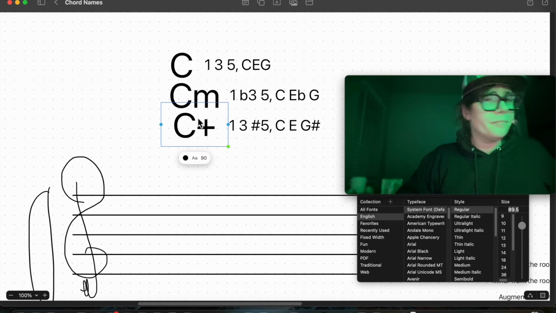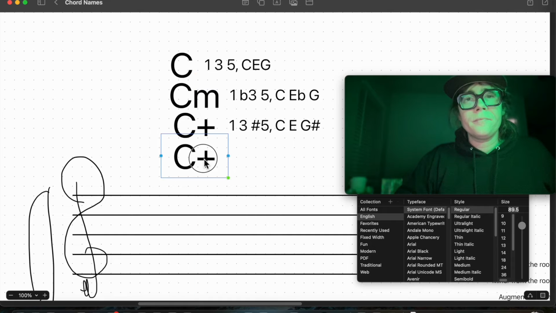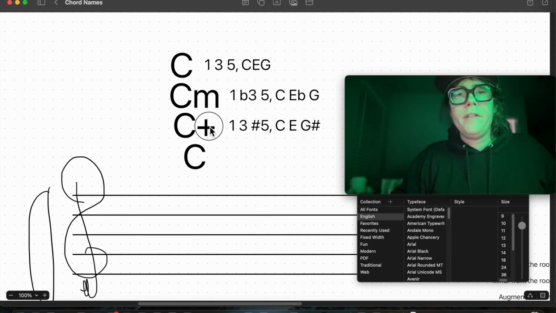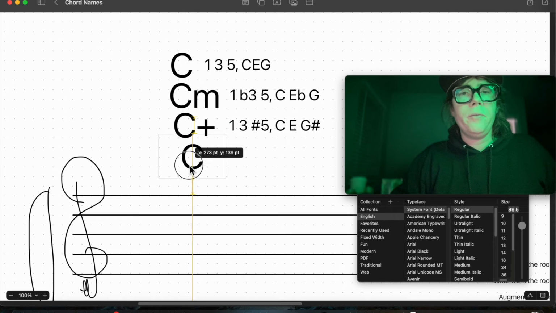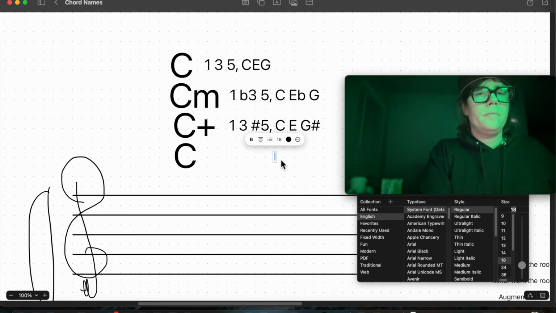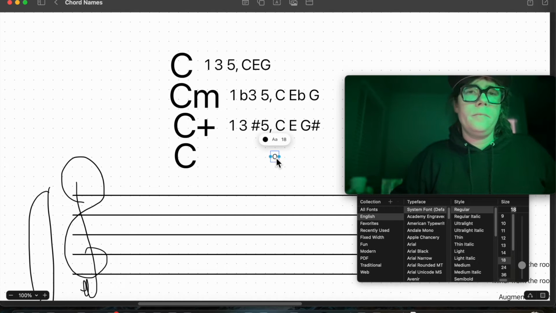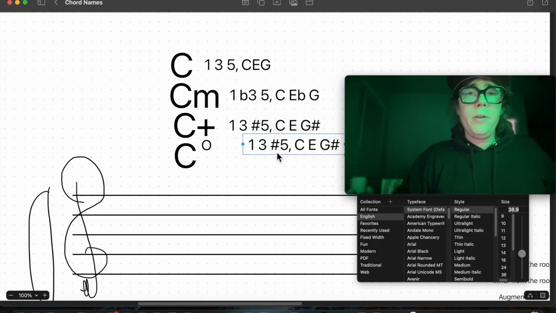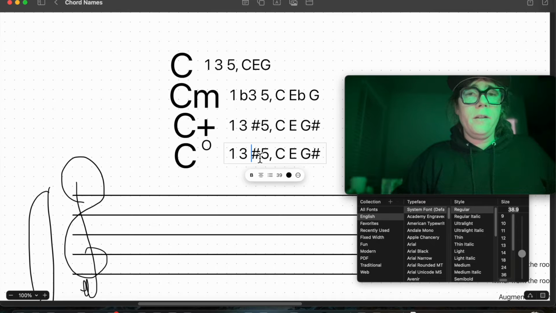Okay. And then a C, and I have to hack this a little bit and do this a little different way, because I forget how to do the superscript. Because it has to be a little bit smaller like that. And then this one is going to be not sharp 5.